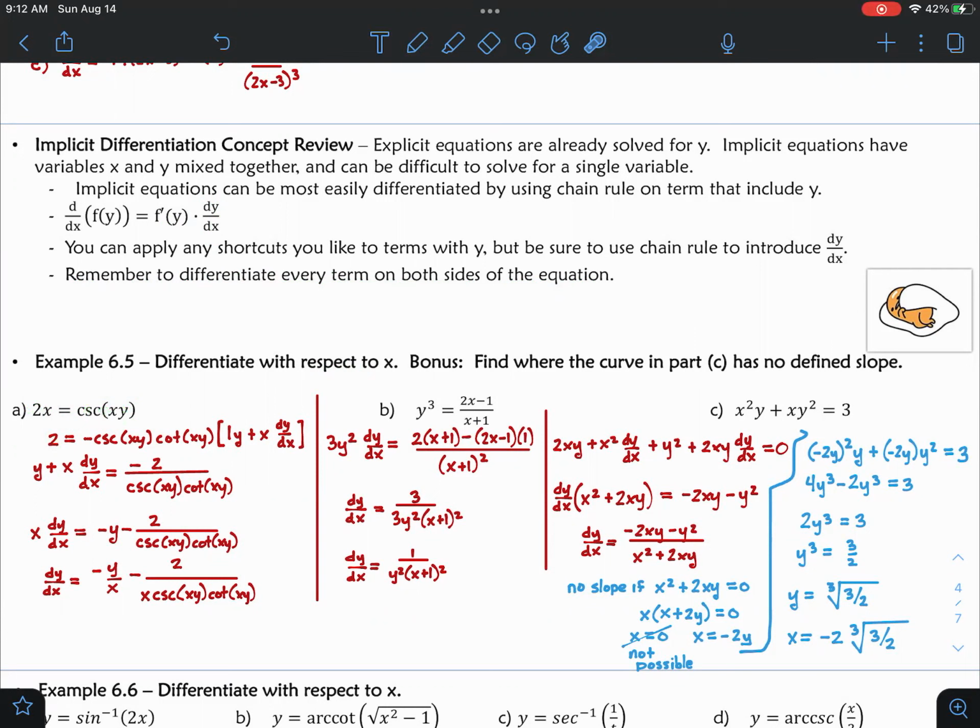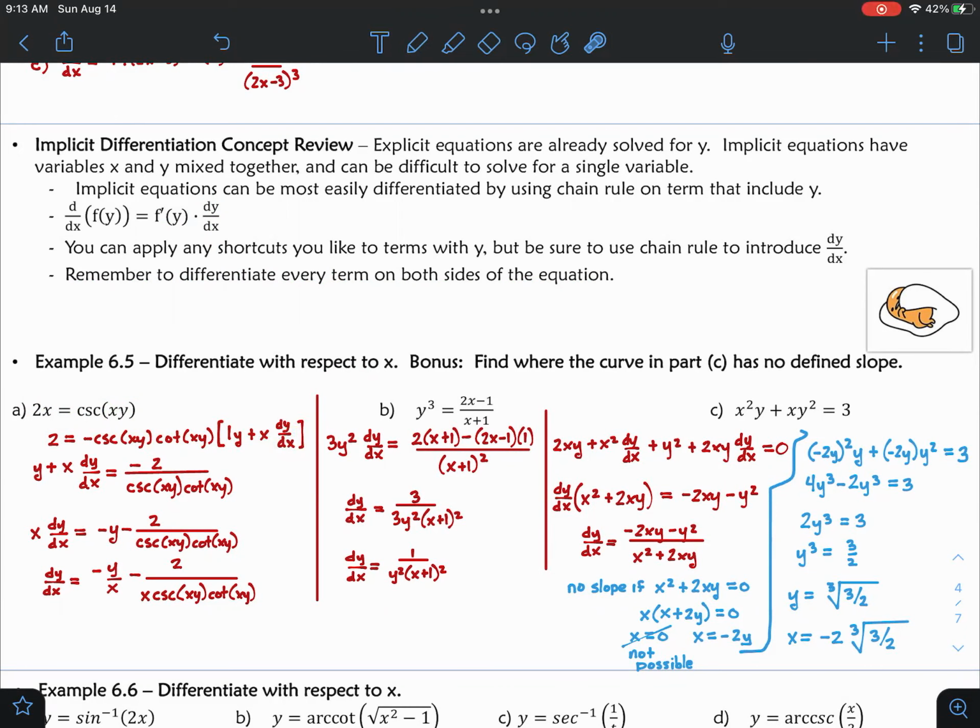The right side, I see a function plugged into another function, so I have to use chain rule. Here's the negative cosecant derivative with xy plugged in. Here's the derivative of xy. I'm taking the derivative of x, which is 1, times the unmodified y, plus unmodified x times the derivative of y, which is dy/dx.